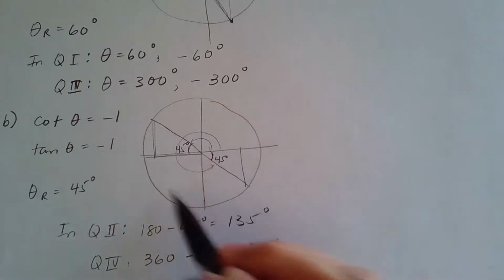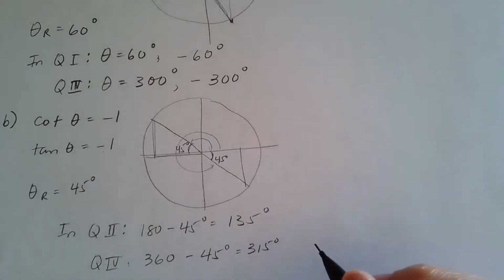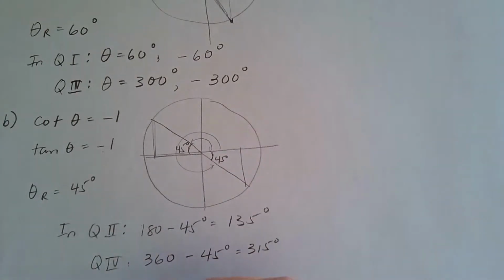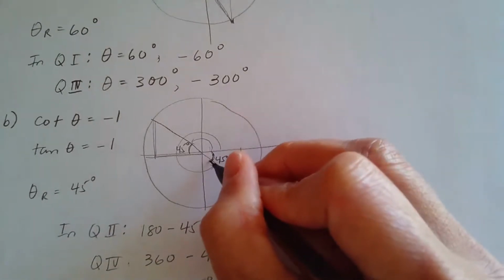What about the negative rotation? If we do a negative, it's going to be negative 45 degrees, turning this way.